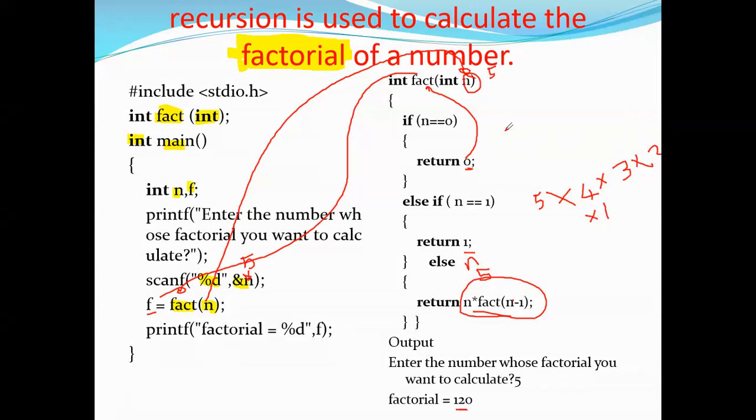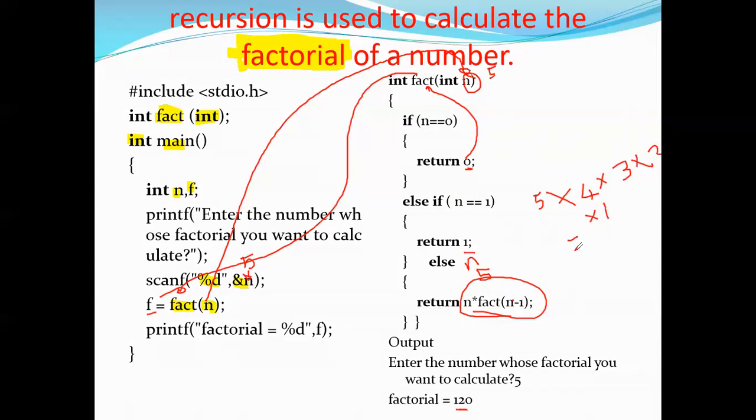All the values are returned finally. This statement is called the recursive call. In the main program you call a subprogram, and in the subprogram you call that subprogram itself repetitively. That is n multiplied by factorial of 4, then factorial of 3, factorial of 2, factorial of 1. Like that it will be operated.